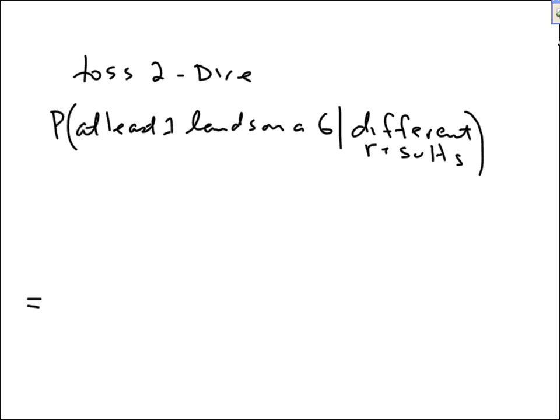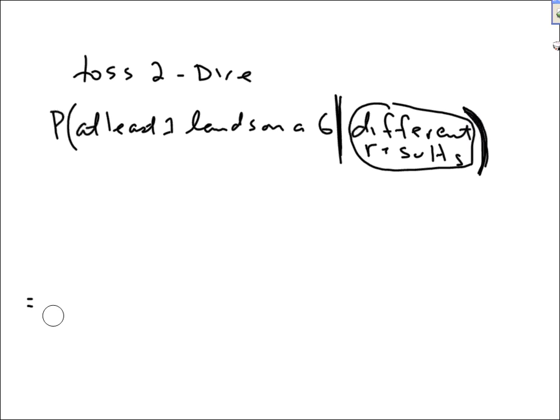Now, you can use the formula, but it's usually easier to just do standard probability using the reduced sample space. What comes after the line and before the closed bracket, that's the reduced sample space.